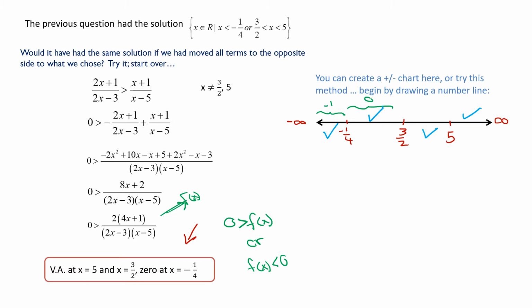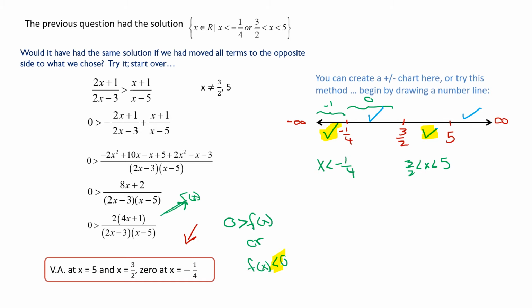My function is less than 0 here, and here, highlighted in yellow. In this case, I'm looking for where the function is below the x-axis. So my answer, where my function is below the x-axis, is when x is less than -1/4, and this piece here, 3/2 is less than x, and that's less than 5. So that's another way of doing the same kind of question instead of a chart.